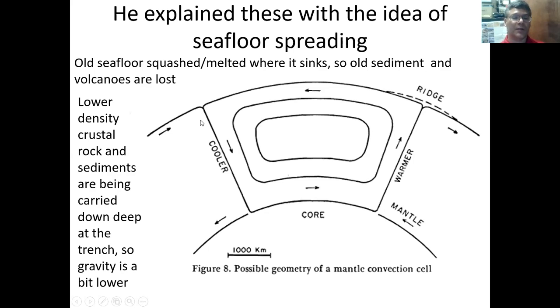So less dense rock sinking down, surrounded by some denser stuff, that gives us the lower gravity there. Also, this old seafloor is sinking down. That's why the seafloor doesn't look as old. All the old stuff's gone. It's been squished down at the trenches, apart from tiny bits here and there that got stuck and are preserved in random places.